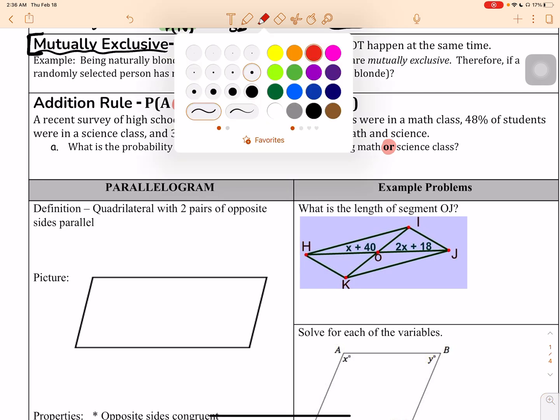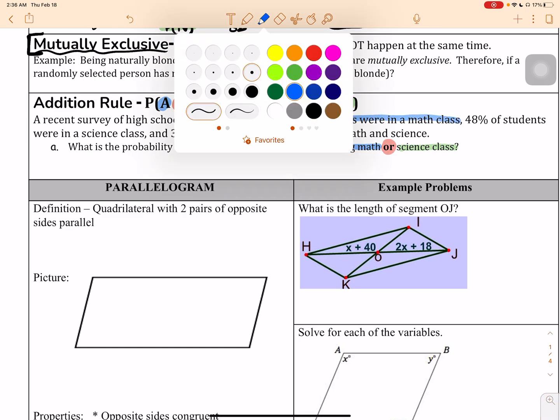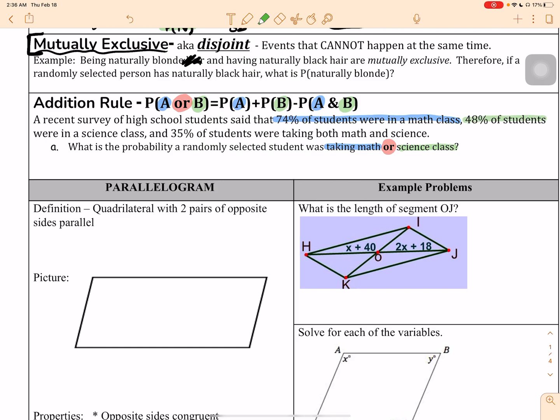Okay, so let's go and start color coding a little bit. I'll make all my A's blue. So since it says student was taking math or science class, because it's A or B, so math is going to be my A and science will be the B. Okay, so it says here 74% of students were in a math class, 48% of students were in a science class, and 35% of students were taking both math and science.